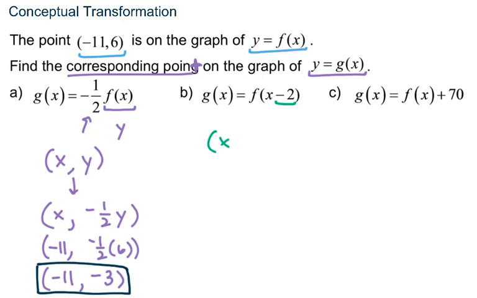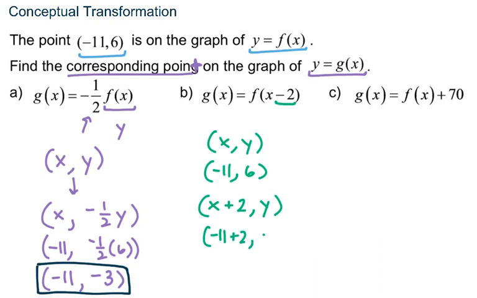Whatever xy ordered pair we start with, in this case (-11, 6), we're going to take that x value and add 2 to it. We do the opposite of what it looks like if it's on the inside. So that would be x plus 2, comma y, or -11 plus 2, comma 6, which gives us the ordered pair (-9, 6). That would be our transformed point here.